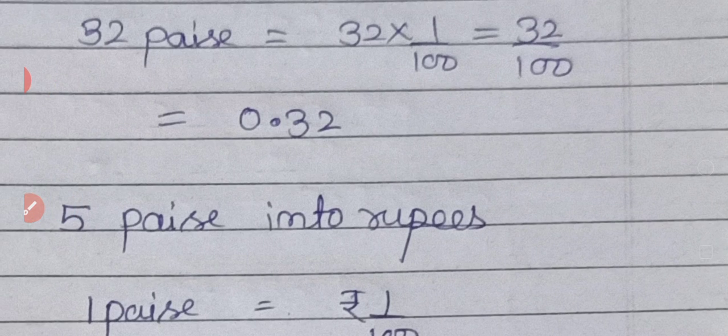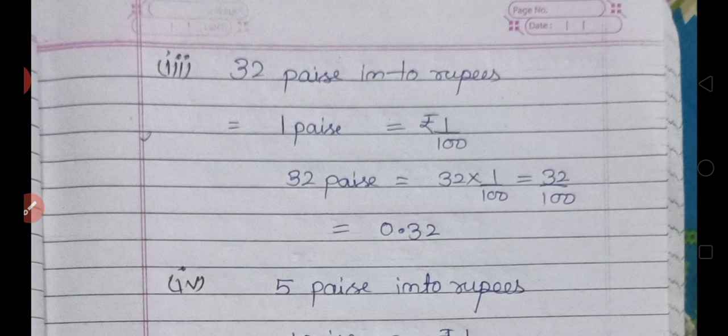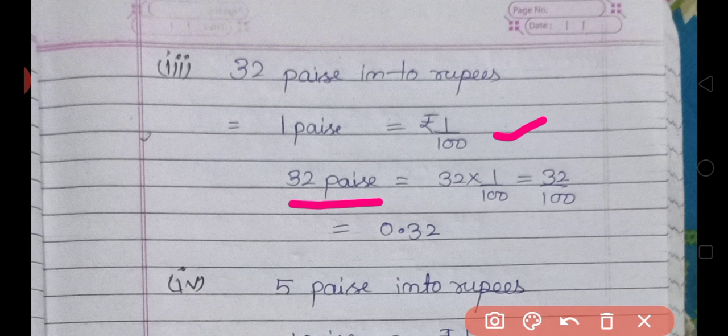Next question, it has given 32 paise into rupees. So I have told you 1 paise is equal to 1 upon 100. 32 paise is equal to 32 multiplied with 1 upon 100. It became 32 upon 100. This is a decimal fraction. So we have to count only the number of zeros and then count the digits in numerator and then put the decimal.